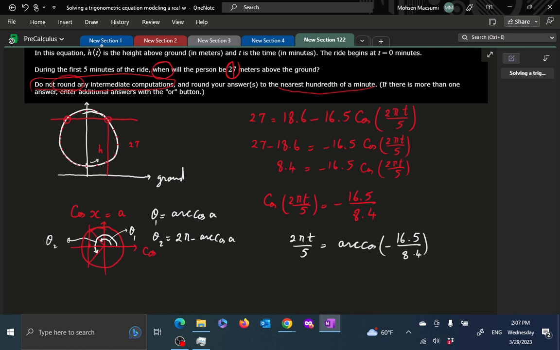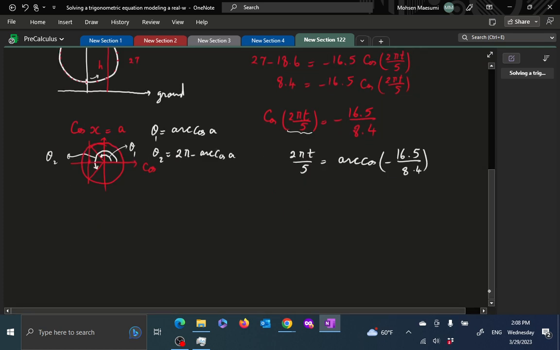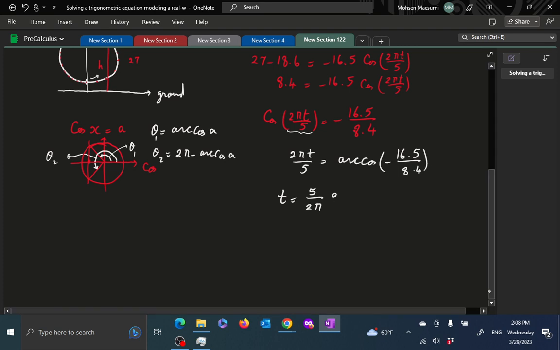So the angle that we find here is 2 pi t over 5, and then t itself is going to be 5 over 2 pi, so I multiply by 5, divide by 2 pi, times arc cosine of minus 16.5 over 8.4.